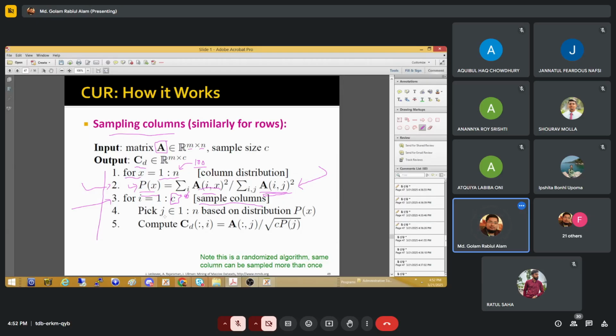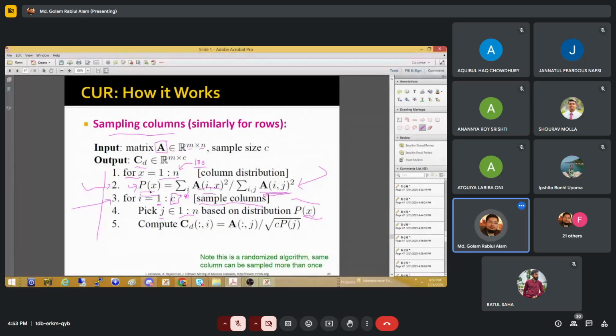And now we want to find the first sample, that is i equal 1. How can we find that? Now pick j, where j is 1 to n, meaning we have an n-dimensional data set. So j can be any column, from column 1 to column n, based on the distribution p_x.